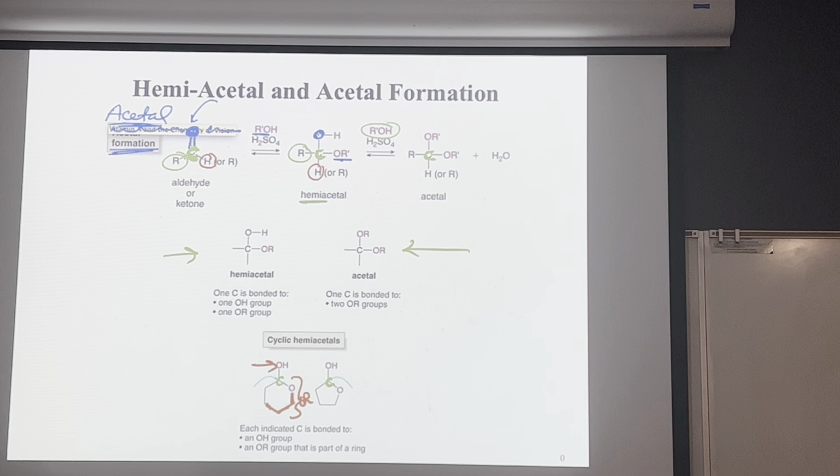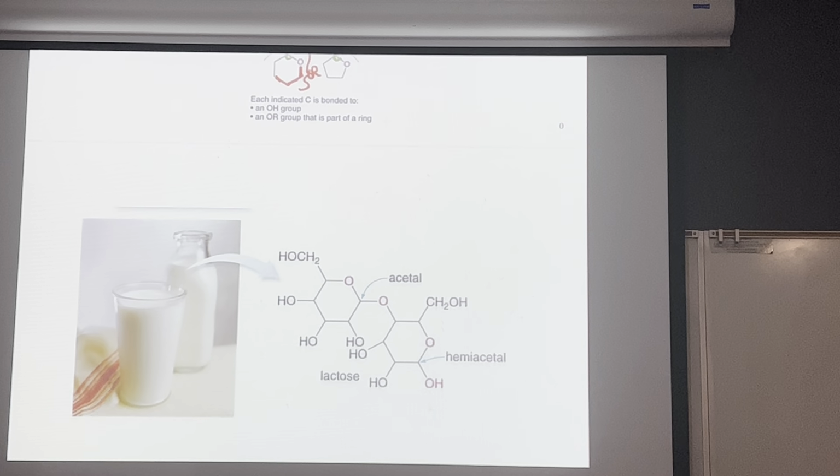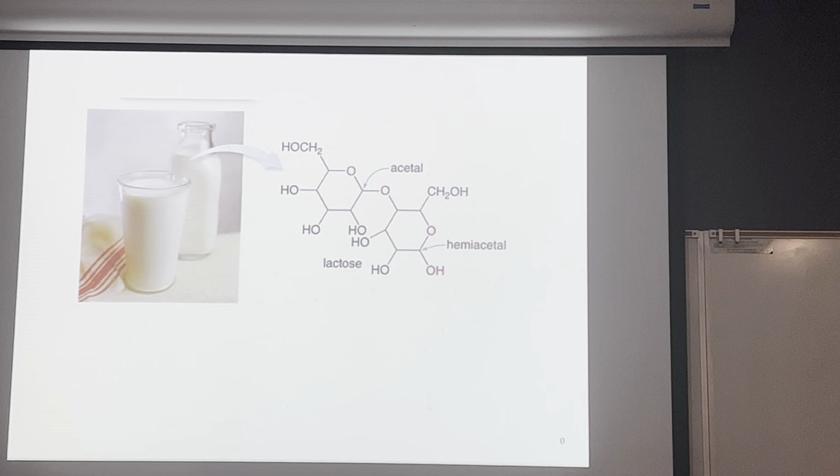No? Okay, moving on then. So, like I said, this is important in sugar chemistry, and here is the milk sugar, lactose. And what we have is galactose and glucose.